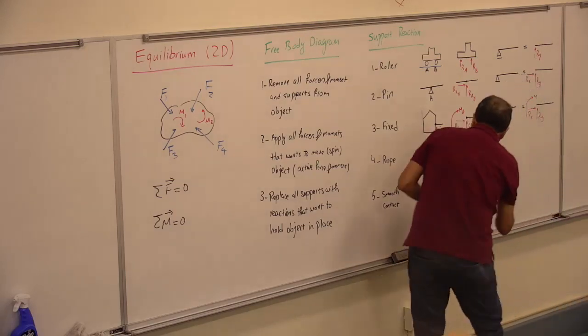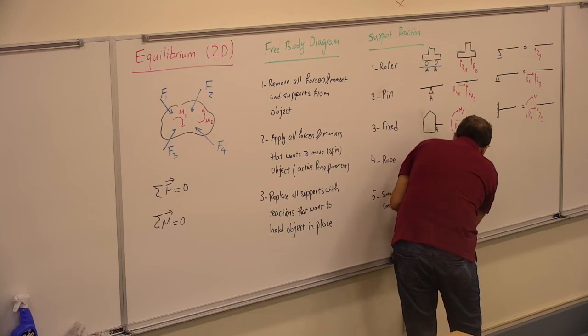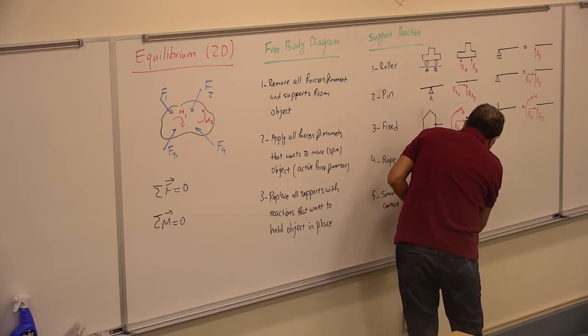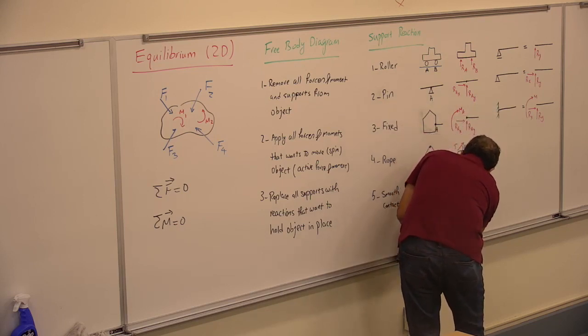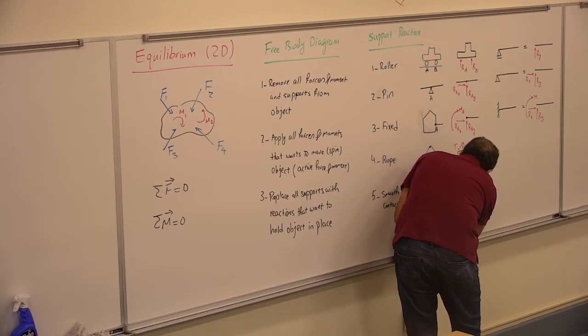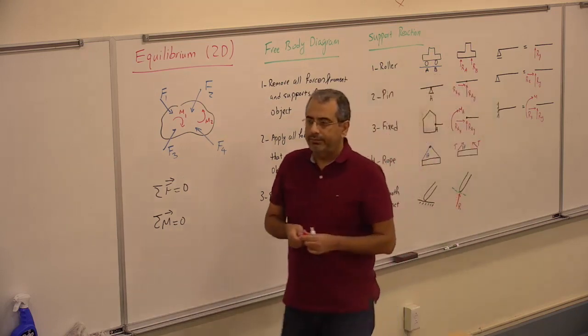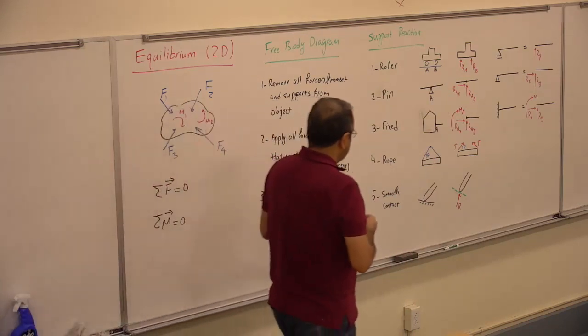This is going to be the line of that, line of this. And then it's going to be normal to that. We get R. It's going to be normal to the surface.